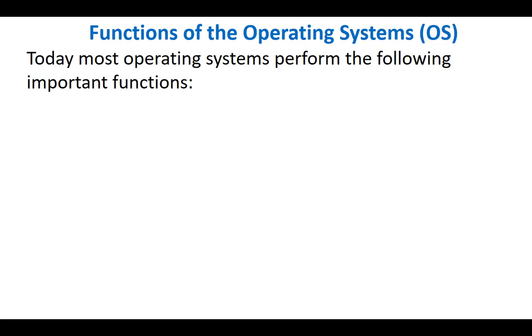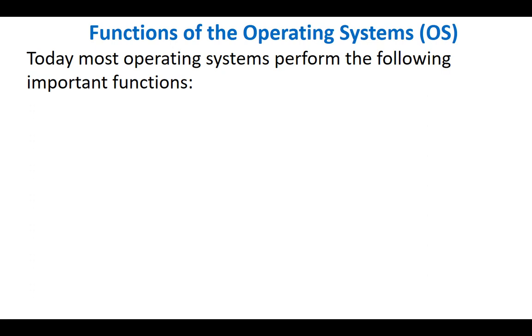So the first one is processor management. The operating system helps the processor to run, and it manages the assignment of the processor to different tasks being performed by the computer system.